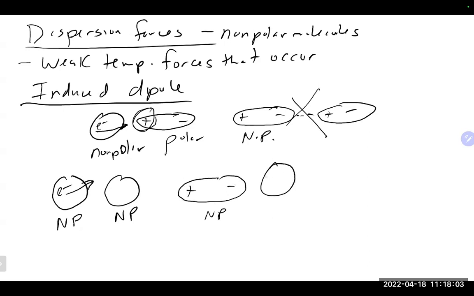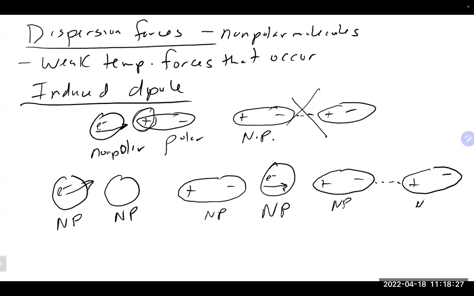If it's still sitting next to the other non-polar molecule, the electrons in that one go, whoa, negative, I want to go away. And this one then gets a temporary charge. Now both of these molecules, which started out with no charge, achieved a temporary charge and a way to interact with each other.